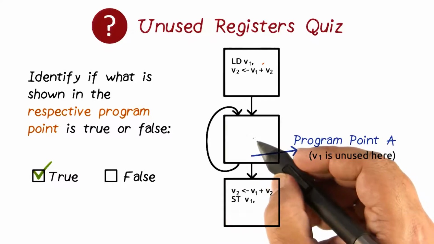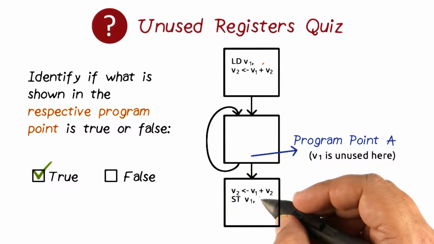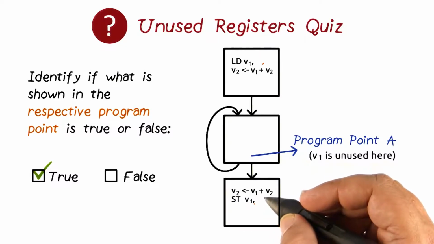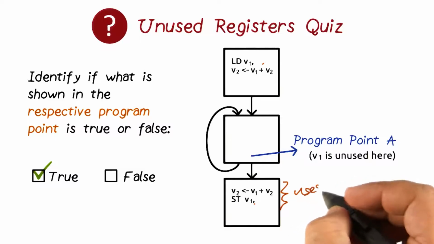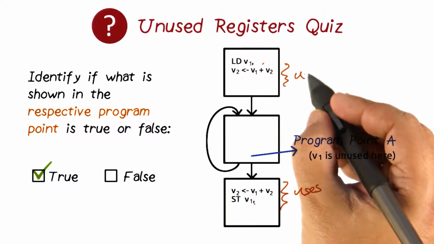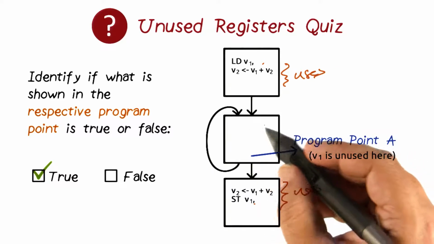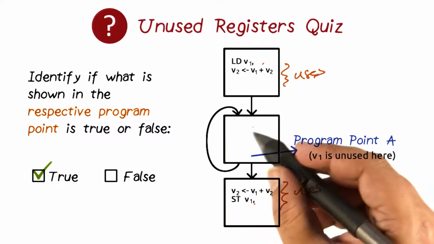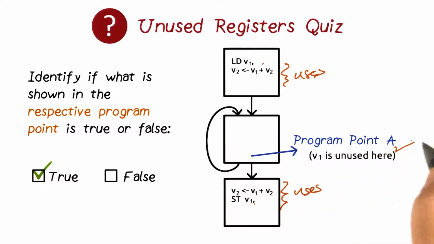You can see that there is no use of V1 here. And then later on, as we exit the loop, again there is a use of V1 here, and finally the value in V1 is stored. So there are uses of V1 here, there are uses of V1 here, but there are no uses in this particular area. And so V1 is unused during the execution of this loop, and that's why this statement is correct.